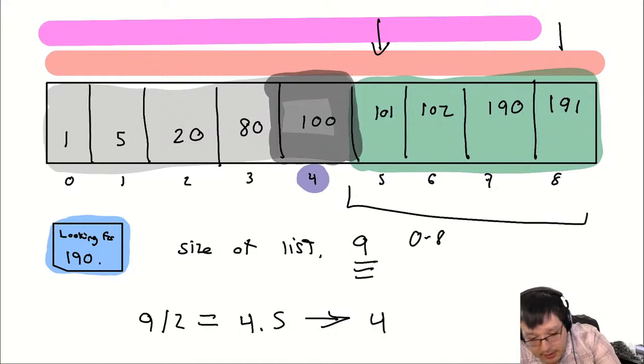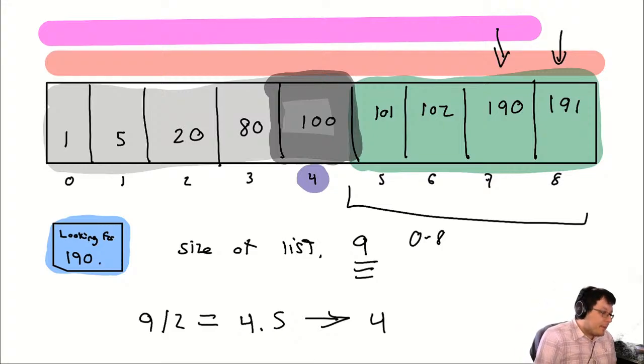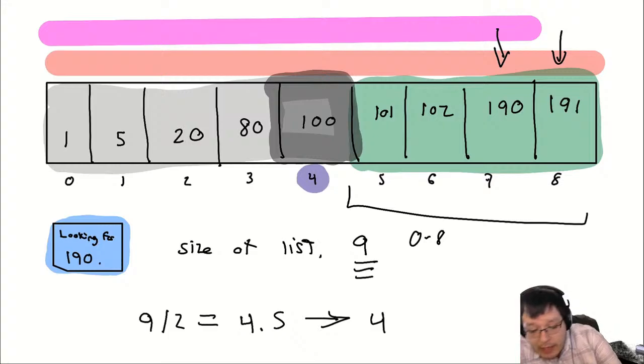From there, the next one, we had it pointing here and here, okay? At that point we stopped because we found the 190. But if we had gone again, what would have happened here? We would have been looking at the 8, right? Just the index 8 alone.